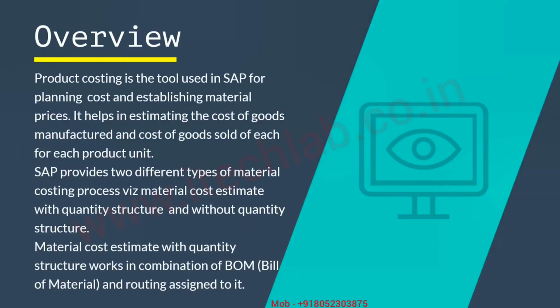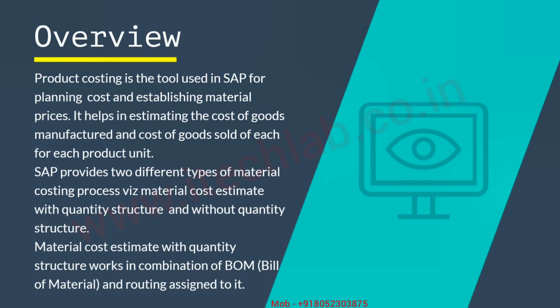It's an overview, which means that SAP product costing is a tool used in SAP for planning cost and establishing material prices. It helps to estimate the cost of goods manufactured and cost of goods sold for each of the products. Product costing is used mainly in manufacturing industries where goods are manufactured from raw material to semi-finished and semi-finished to the finished product.